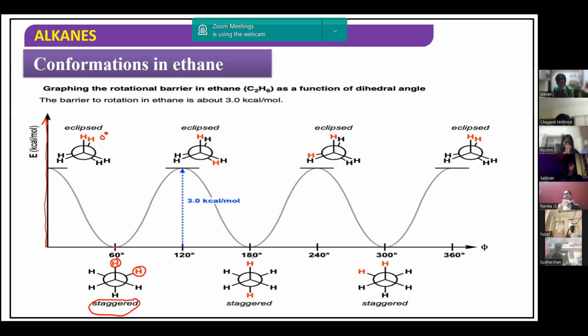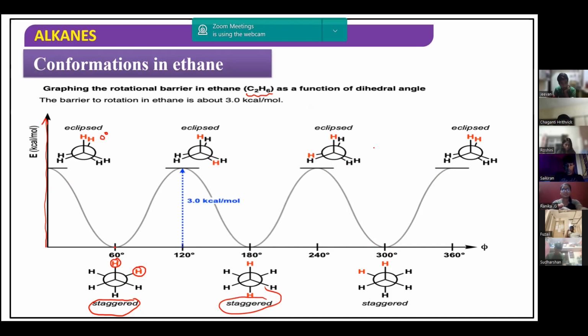If you rotate through 180 degrees, again it will be staggered. Rotating through 240 degrees, eclipsed. This is for the ethane case. You have staggered conformation when you rotate through 60 degrees, 180 degrees, 300 degrees. You have eclipsed conformation at 0 degree, and at 120 degrees, 240 degrees, and also 360 degrees.